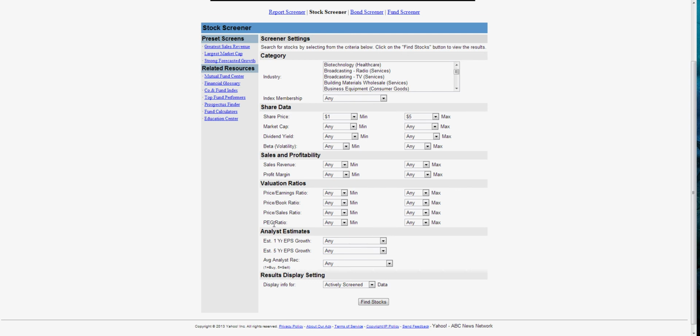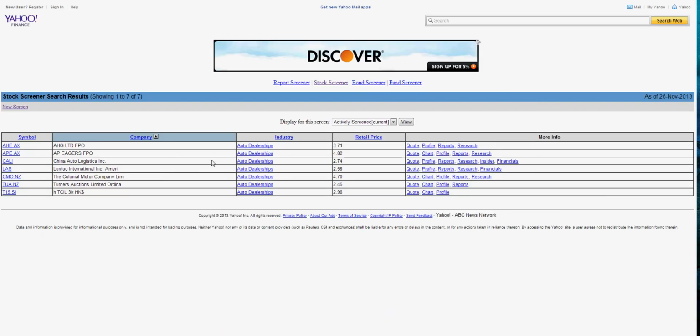Dividend, it has dividend or no. The volatility means if the stock is volatile or no. Sales and profitability, you see if this company is making money or not. And you can set 1 million to 100 billion. It means if you want big companies or just small companies, okay.